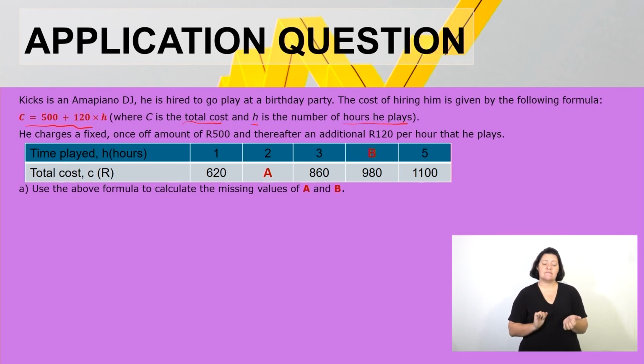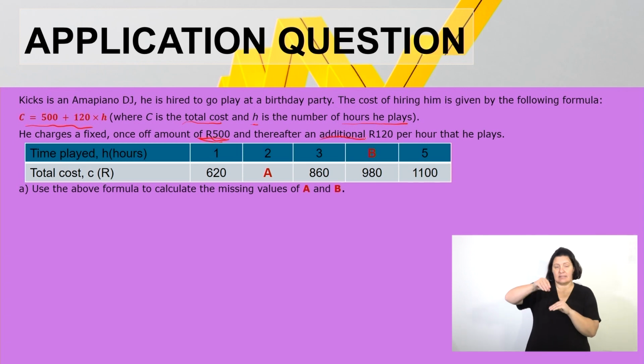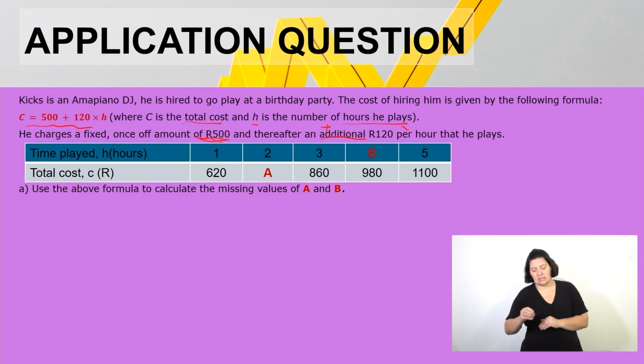He charges a fixed, once-off amount of 500 rand and thereafter an additional 120 per hour. It means we multiply by the number of hours that he plays.